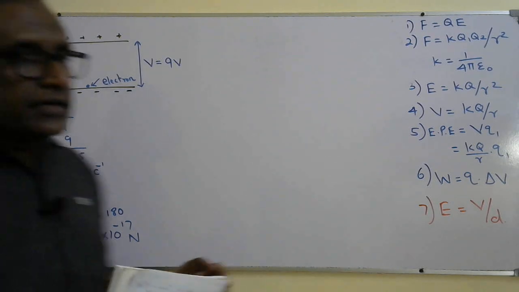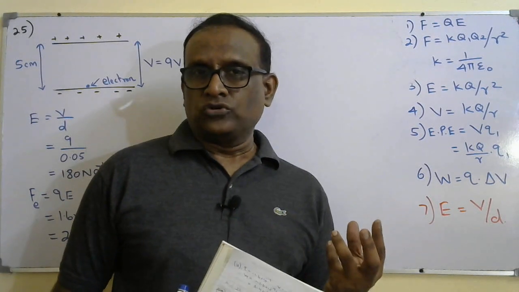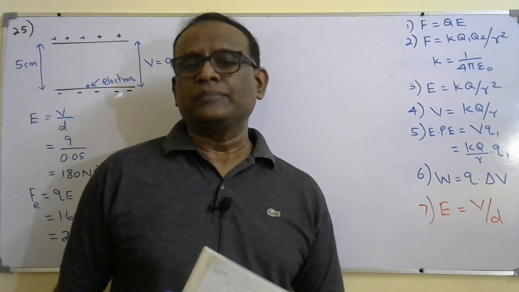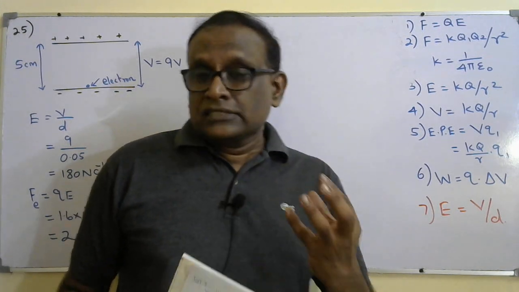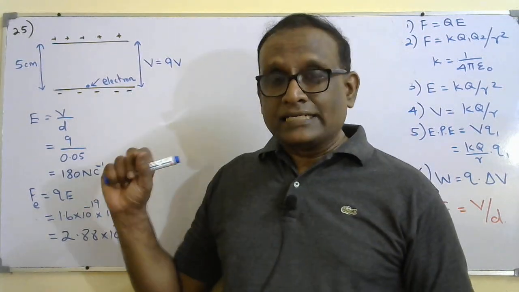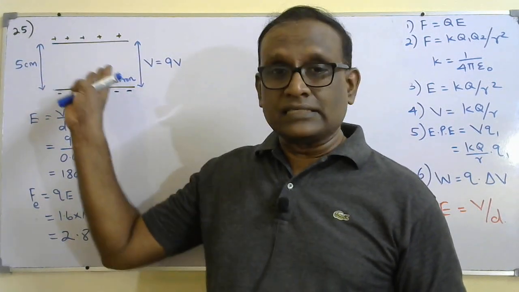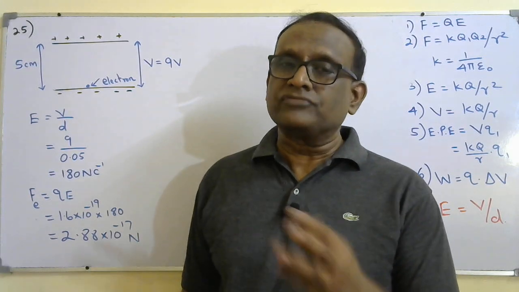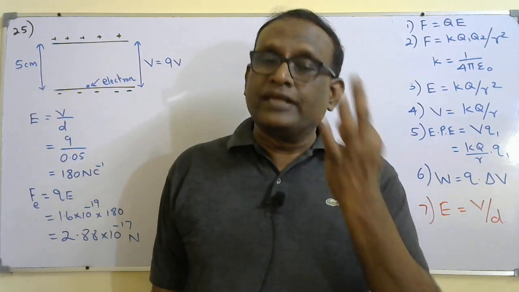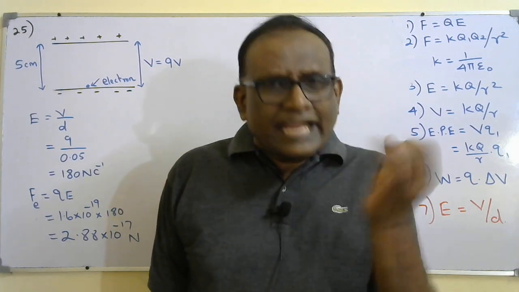So during its motion, what's the resultant force? Do we need to consider the weight? No, we don't need to consider the weight, because normally we don't consider the weight of particles moving in an electric field, for example the weight of an electron, proton, alpha particle or any nucleus.